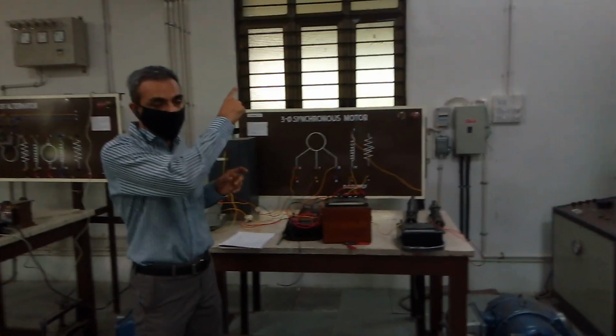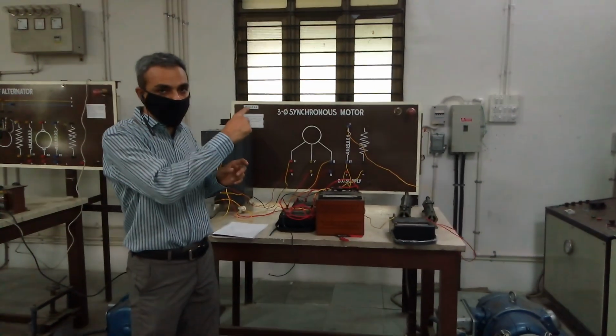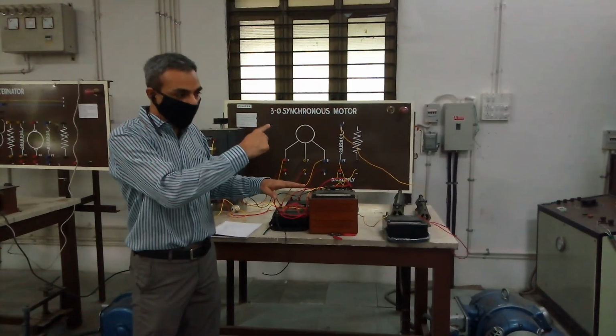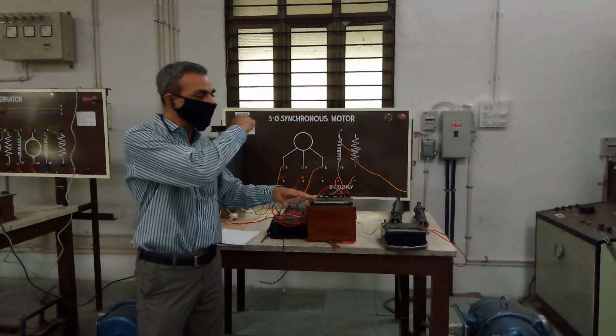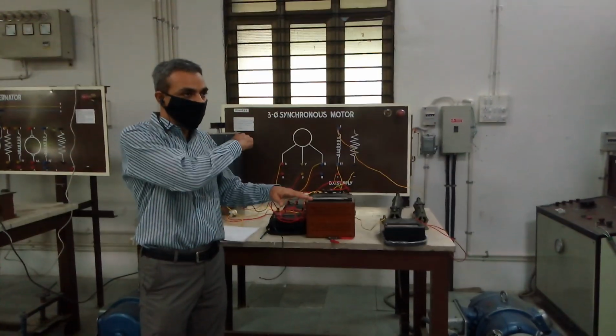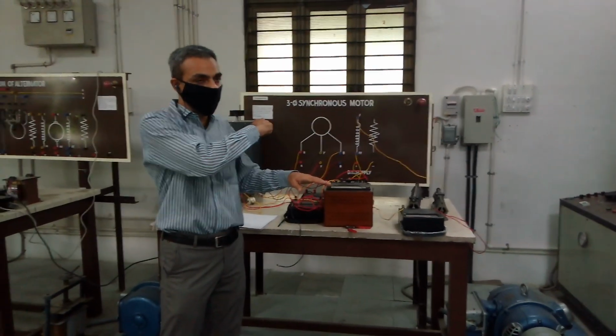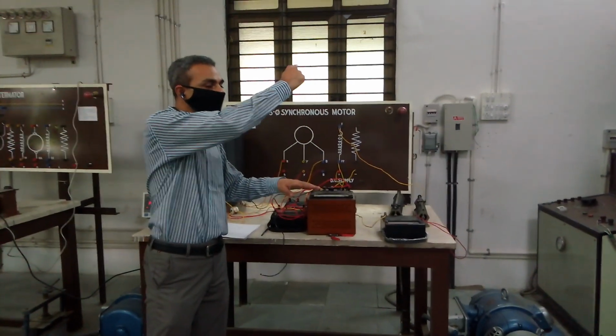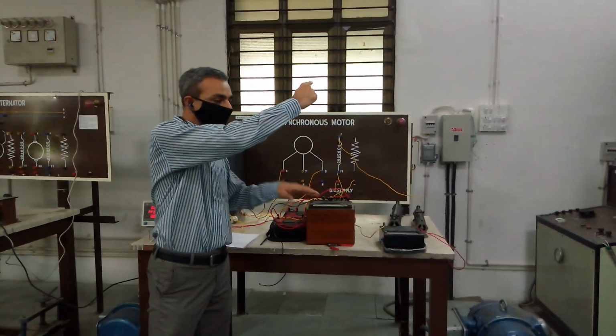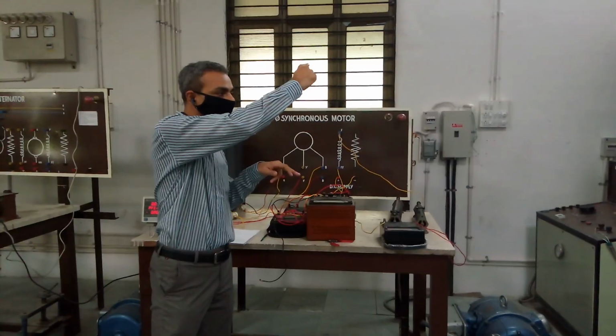Earlier the current was high, and it gradually reduces as you increase the excitation. At some point of excitation you have the minimum current. Likewise, the power factor was poor or lagging in the initial phase, and now it is improving and trying to reach the maximum value. Current is minimum, power factor is maximum.